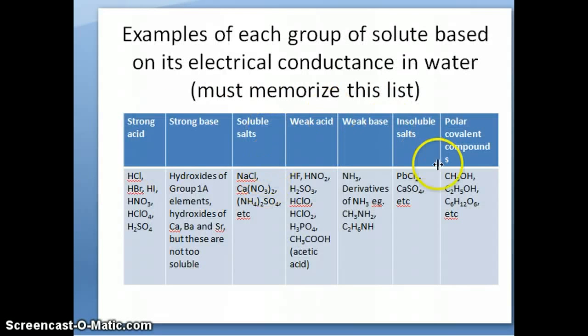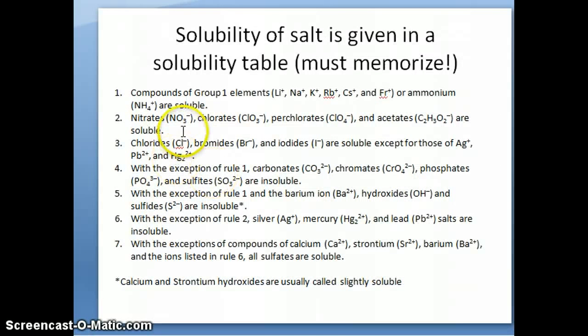I gave you some examples of these soluble and insoluble salts, and I said that I'm going to discuss more about them in this video, and that's what I'm going to do right now. It turns out that if you have a salt or an ionic compound, there's a range of solubility that you can have. In other words, a salt can be very, very soluble in water.